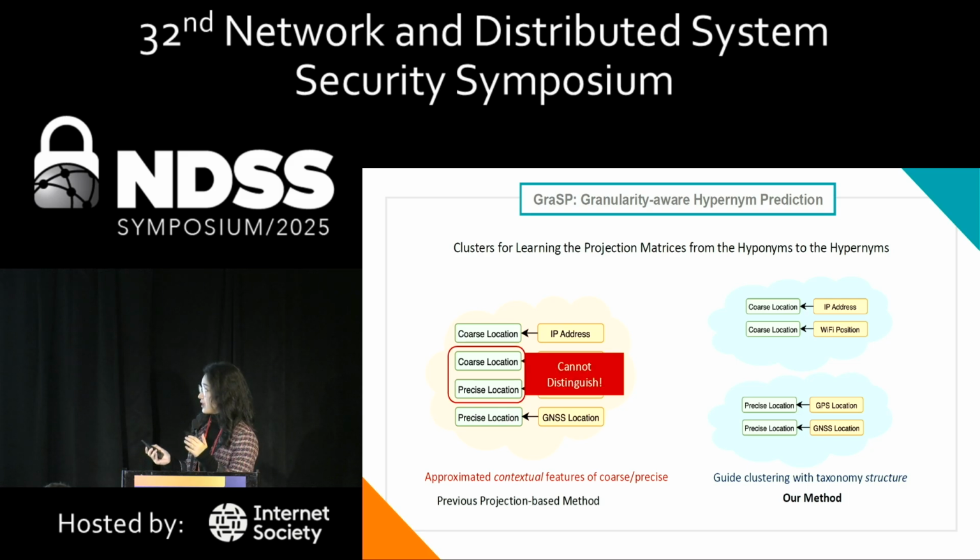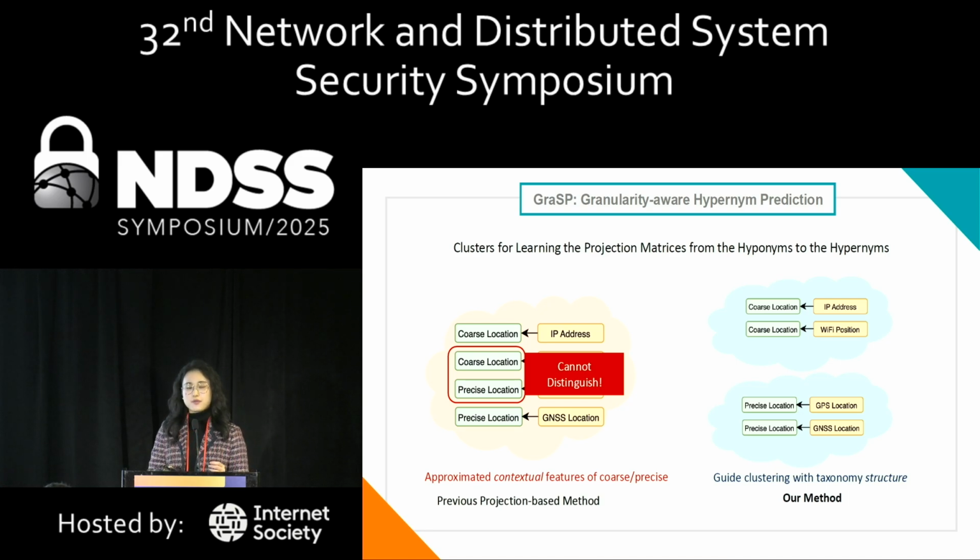However, we found that such features are neglected by previous projection methods, because those methods are based solely on semantic similarity between terms, which will mistakenly group coarse location and precise location pairs into one cluster.